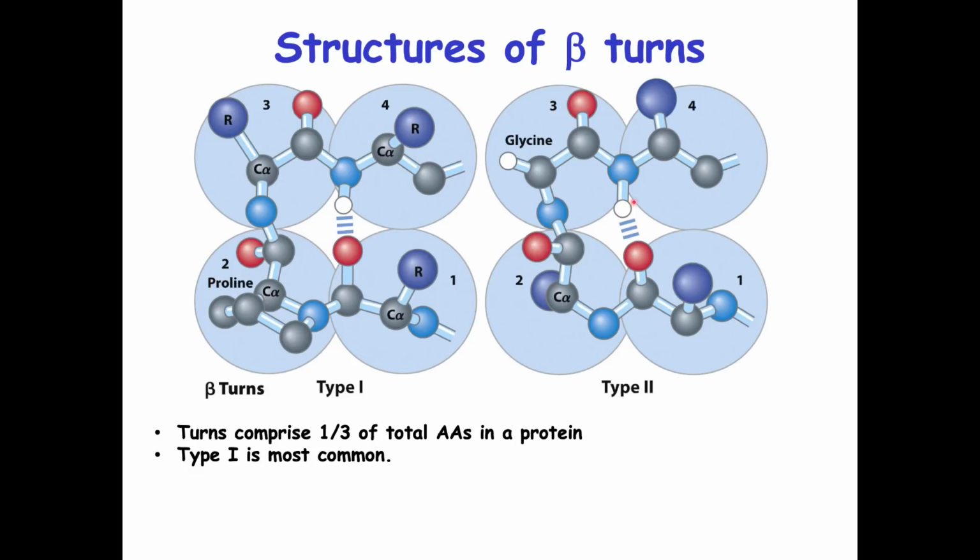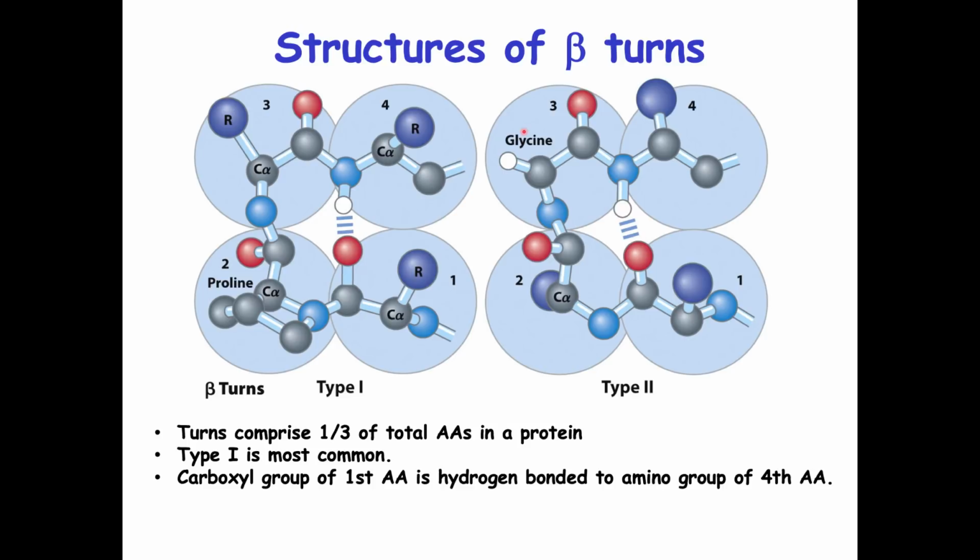In type 2, what we see is that there's typically a glycine residue at the 3rd position. The carboxy terminal of the first amino acid right here is hydrogen bonded to the 4th. So we see that in both the type 1 and the type 2 turns.